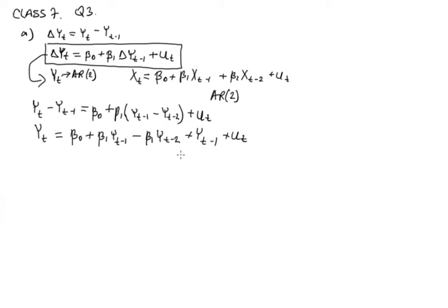To simplify, what I did was add yt minus 1 on this side and the same thing on the other side, so it cancels from one side. Or, for some of you, it's simpler to say this term is just brought to the other side of the equation.